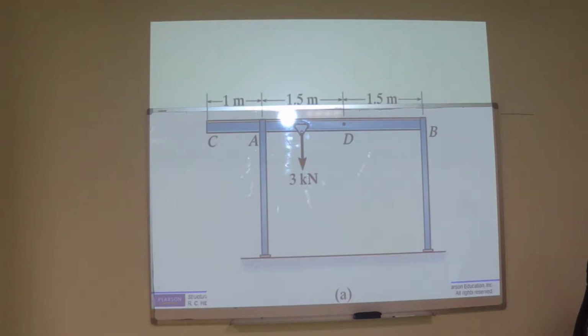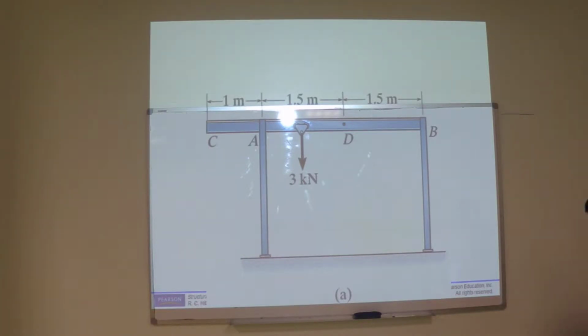What is the question? The frame structure shown in figure 6-11A is used to support the hoist for transferring loads for storage at point under it. And then it is anticipated that the load on the dolly is 3 kN and the beam CB has a mass of 24 kilograms per meter.